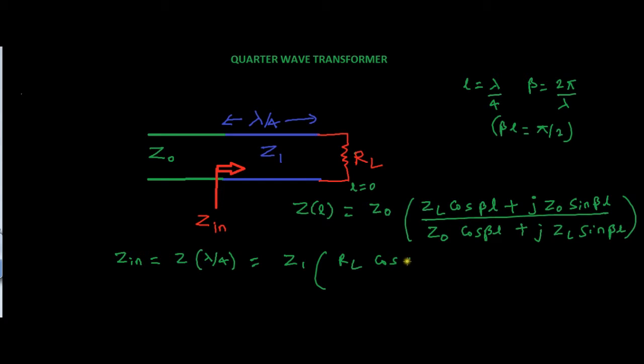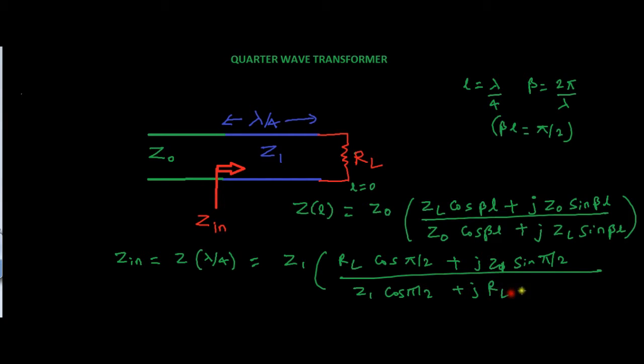The numerator will be Z1 times RL cos pi by 2 (or cos 90) plus j Z1 sin pi by 2, and the denominator is Z1 cos pi by 2 plus j RL sin pi by 2. We know that cos 90 is 0 and sin 90 is 1.